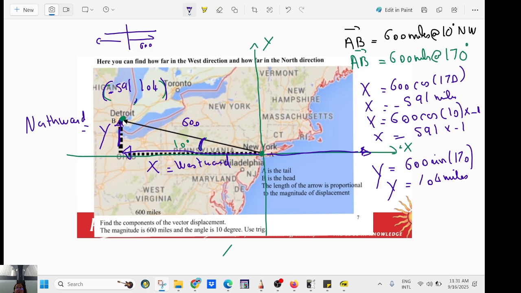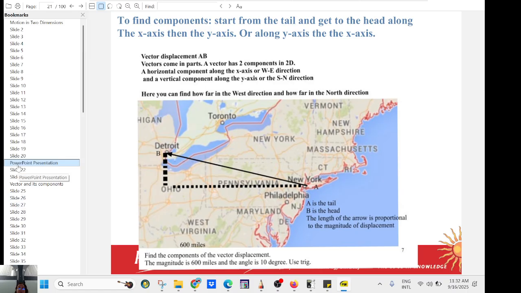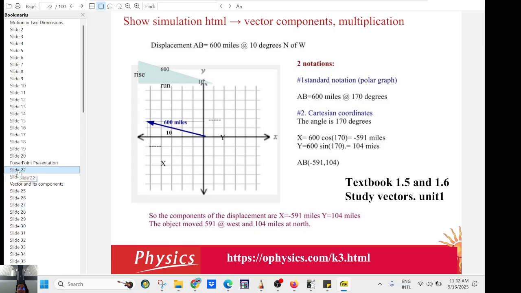Okay, so that will be that point here. Now, if you are in the real world, you will say 591 west and 104 north, because it's doing two things at the same time.